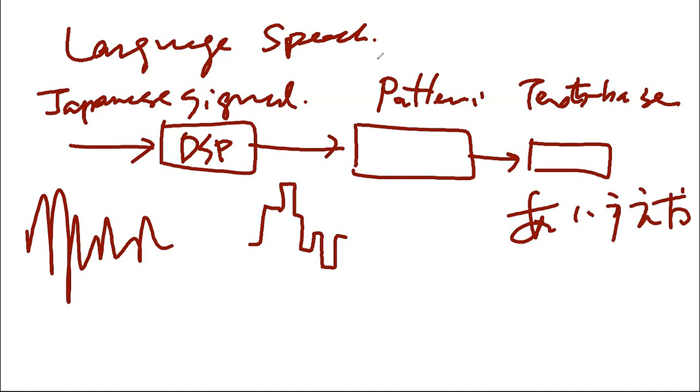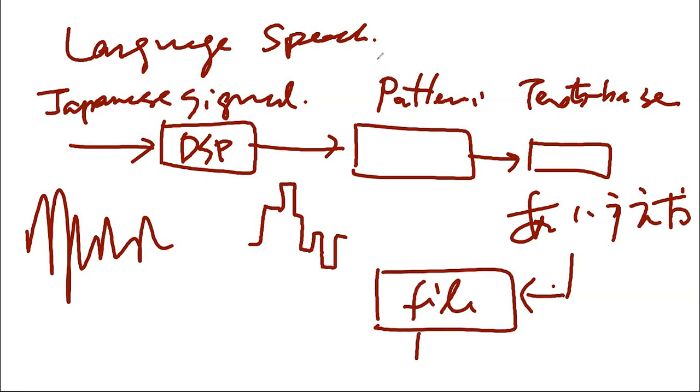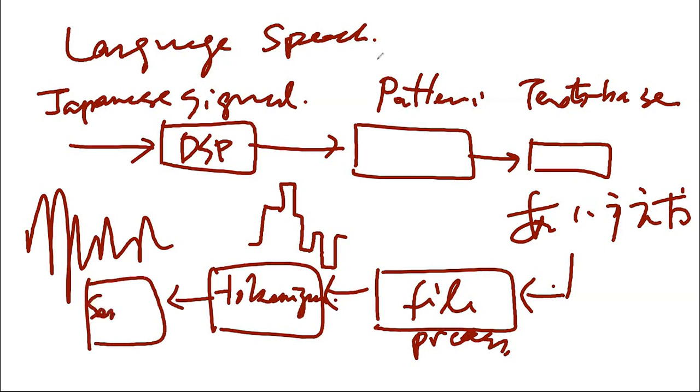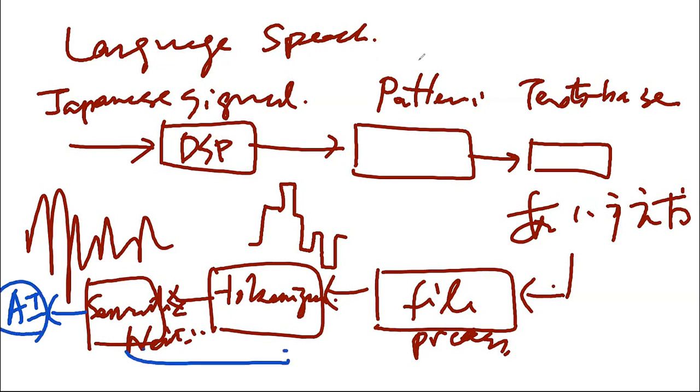Is that okay? And then this RUL stuff would be put into a file, and we do file processing, right? And read into a system, and we do tokenization. And by the tokenization, we put it into a semantic network. And then we do AI analysis, right? We translate that semantic network, and then what?